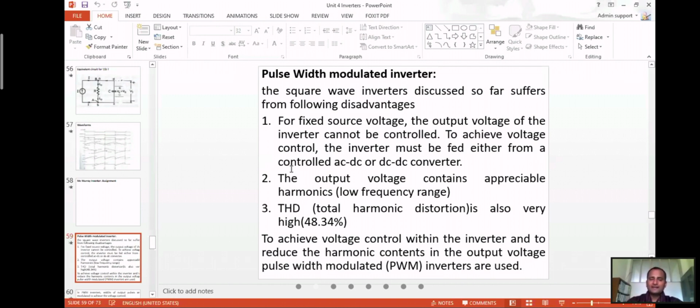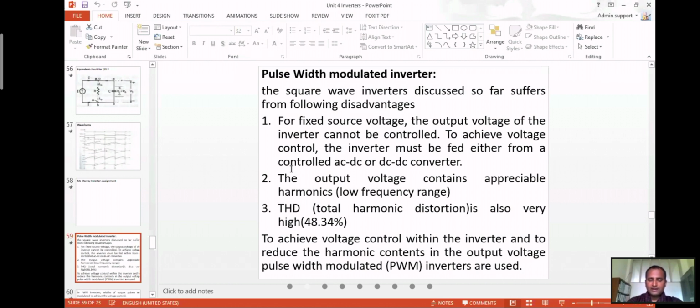Harmonics can be removed with harmonic reduction transformers, or by pulse width modulation, the PWM technique, to achieve voltage control within the inverter. If we have a system where the output voltage can be controlled within the inverter, then we can use pulse width modulation inverters.